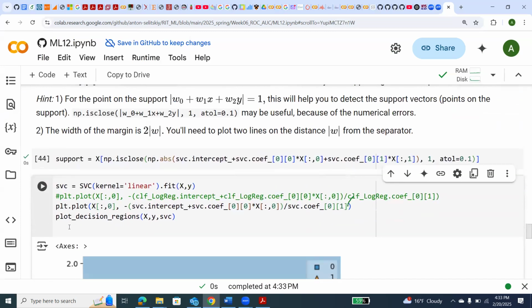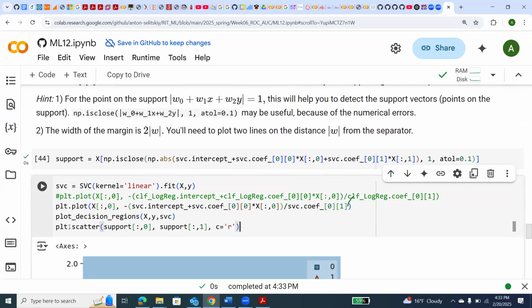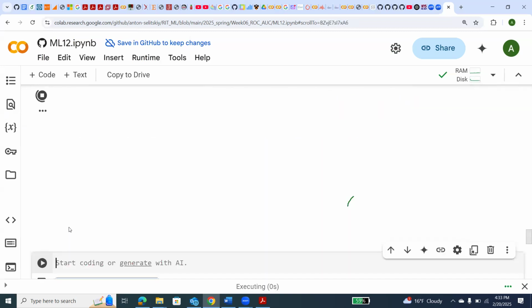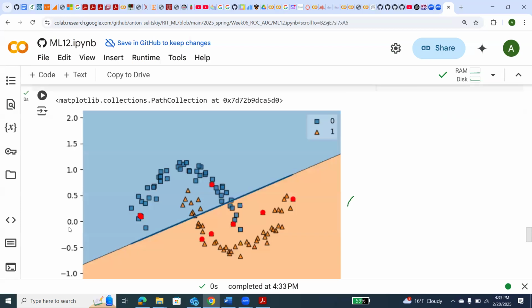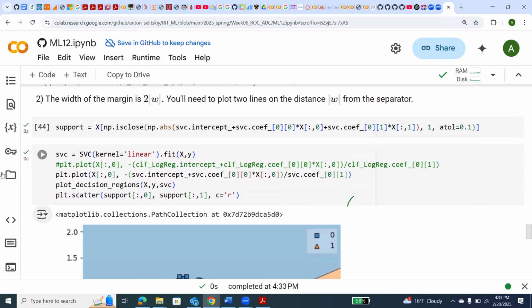And I will make a scatter plot of these support vectors. Okay, so now we have these.